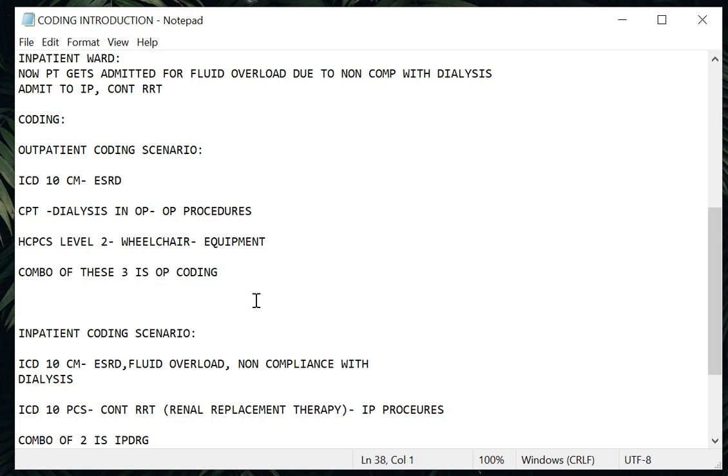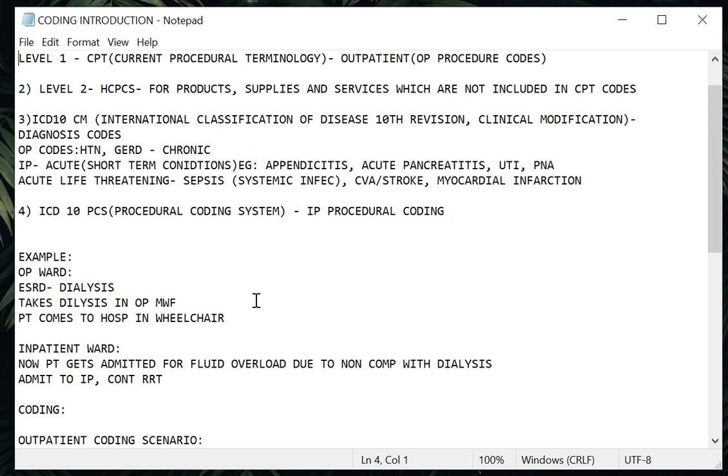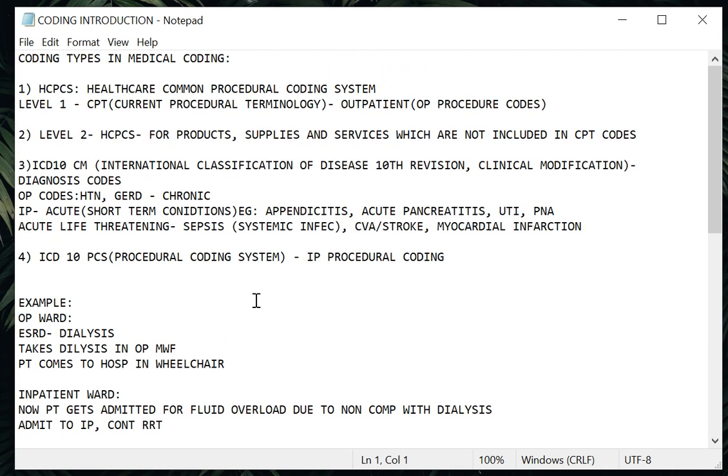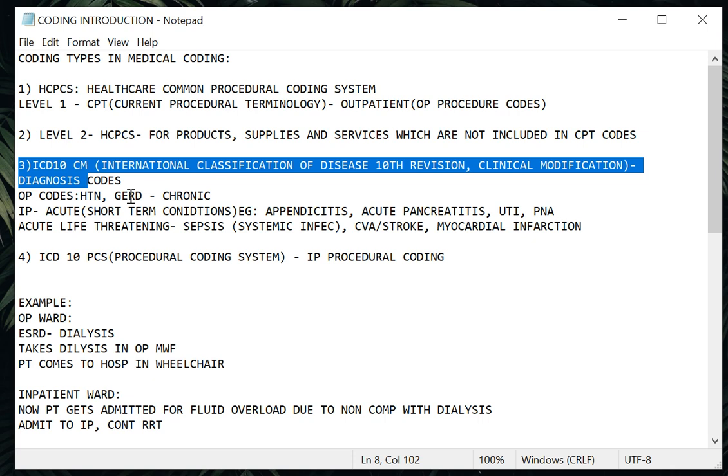So in short, to summarize what I have taught you, there are basically outpatient and inpatient coding. For the outpatient coding, we include CPT coding, which is used to take the outpatient procedure, HCPCS level 2 coding, which is used for the supplies and equipment used in the outpatient, and ICD-10-CM, which is diagnosis coding.